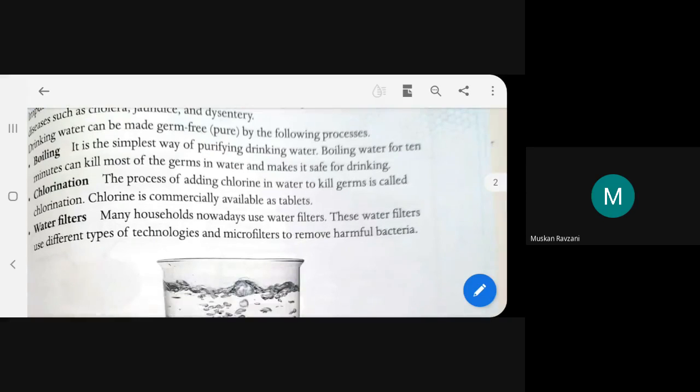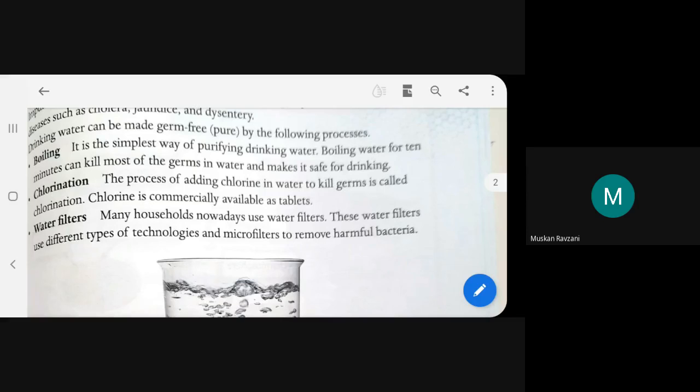And the last method is the water filter. As in the beginning of the topic related to water, we had learned that different types of filters are present in the market now. They have many new technologies, and they are prepared with the help of those technologies. Those water filters are capable of killing all the germs, and they remove dust particles and harmful bacteria also.